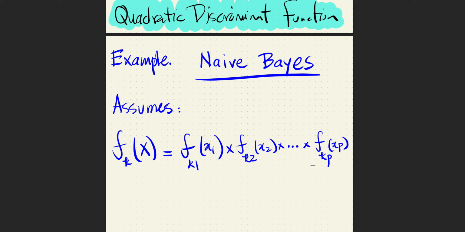So do we really believe the naive Bayes assumption that the p covariates are independent within each class? In most settings, we do not. But even though this modeling assumption is made for convenience, it often leads to pretty decent results, especially in settings where n, our sample size, is not large enough relative to the number of features.